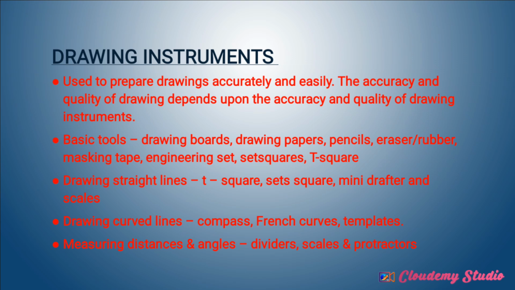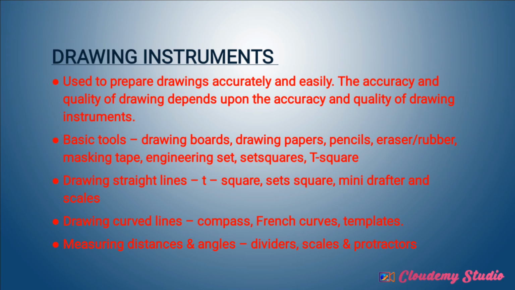Its main function is to mount the drawing paper on the drawing board, and also to make long horizontal and vertical lines, especially when you are drawing the border line or the outline of the drawing paper. You require the T-square. Then for drawing straight lines, you require the T-square, the set square, mini drafter, and scale.